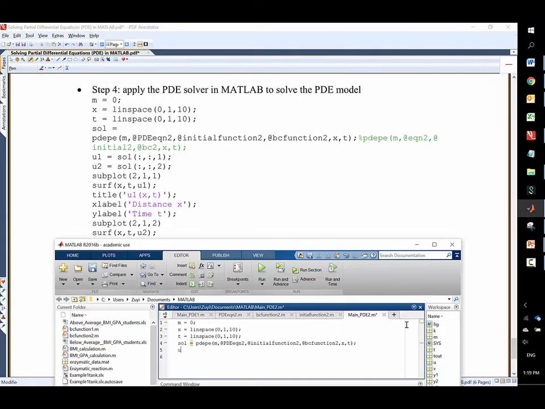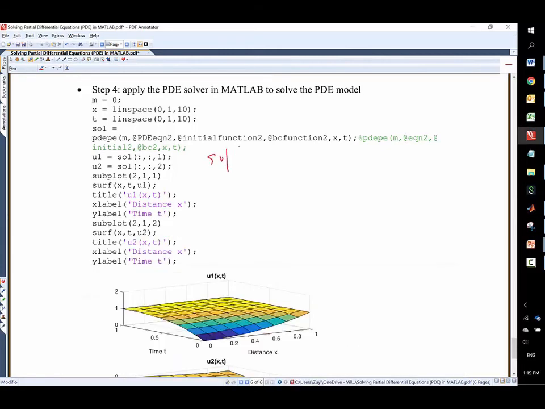So we get done. We get U1. So we can see SOL, and then we had U1 and U2. The first one is the space.